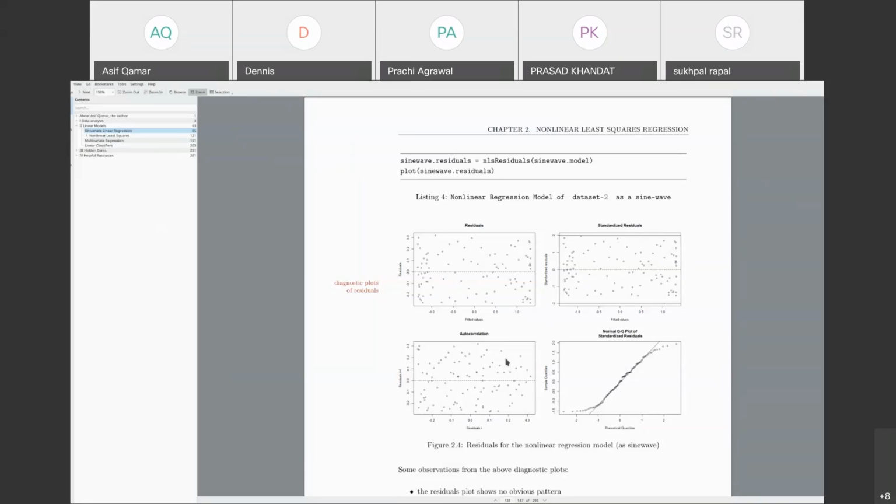The temperature at 11:59 would be very close to the temperature at 11:58. So a value is correlated with its previous values, and that is called autocorrelation.